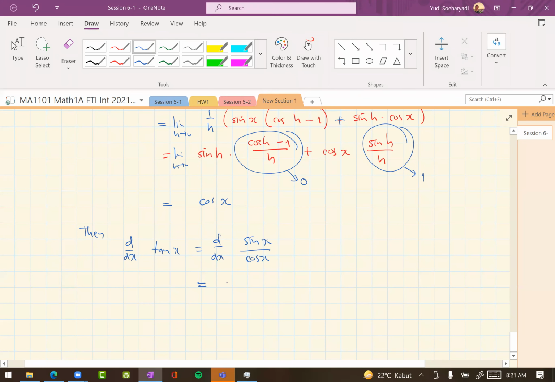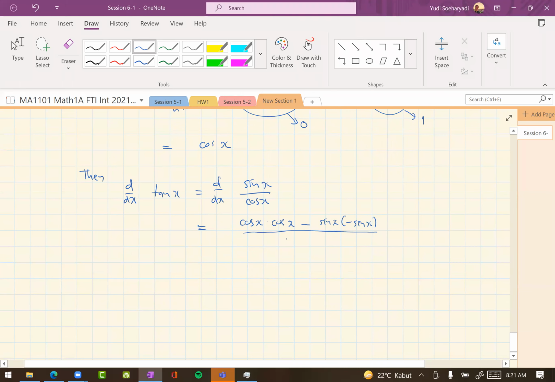Okay, and this gives you, all right, so derivative of sine becomes cosine. Okay, times this cosine denominator, subtract sine times derivative of cosine, so negative sine, over the square of this cosine.